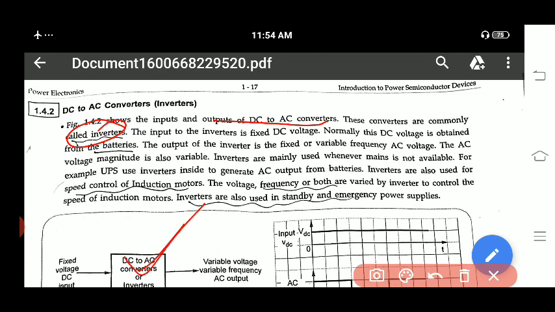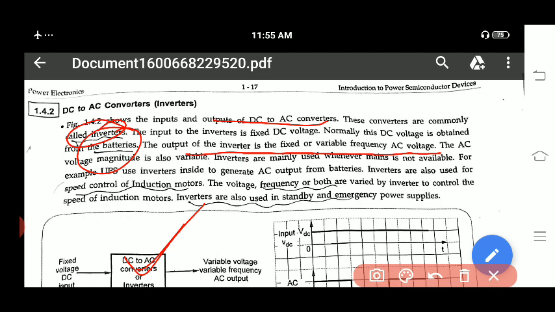The input to the inverter is a fixed DC voltage. Normally the DC voltage is obtained from the battery. As I just told you, in your home application you have the inverter, and for the inverter you have the battery. That battery will supply the DC supply. The output of the inverter is a fixed or variable frequency AC voltage.